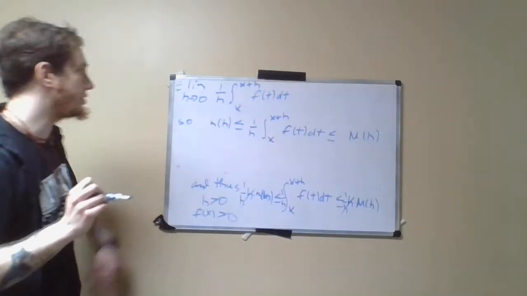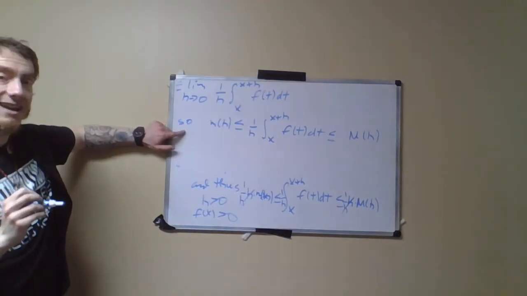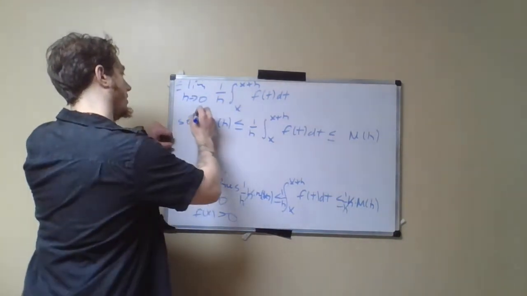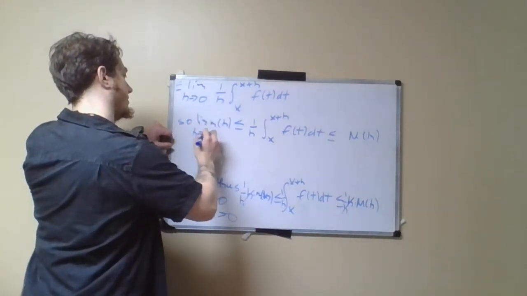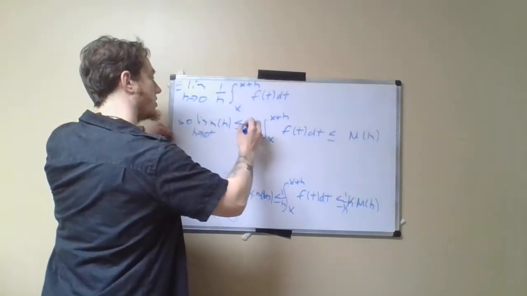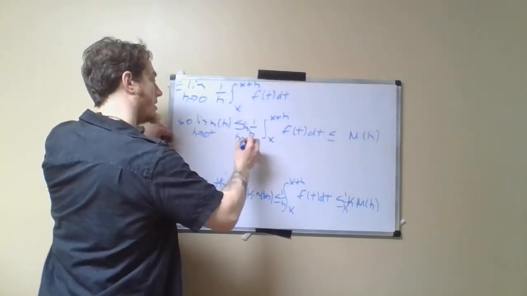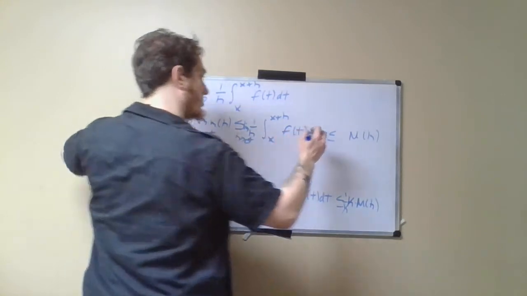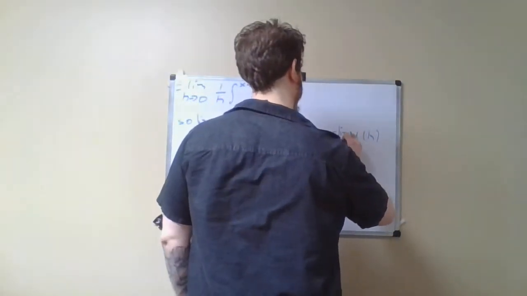And by the sandwich theorem, this is true in the limit as h goes to 0 as well. Technically, we're only doing the limit from the right at this point, but the same kind of argument applies to the limit from the left.